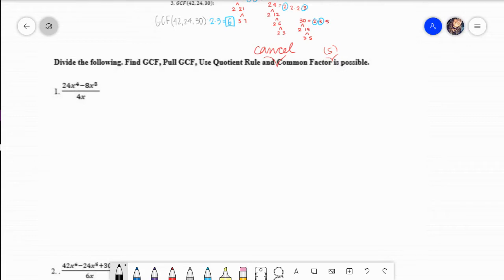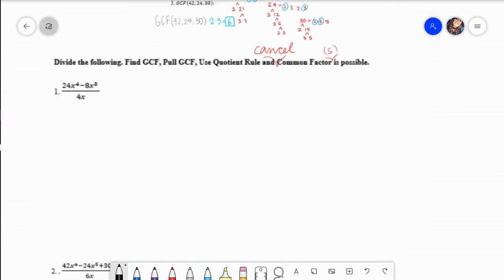The largest number that will divide 24 and 8 is going to be 8. And then for the variables, the smallest exponent is cubed. The smallest variable is x cubed.